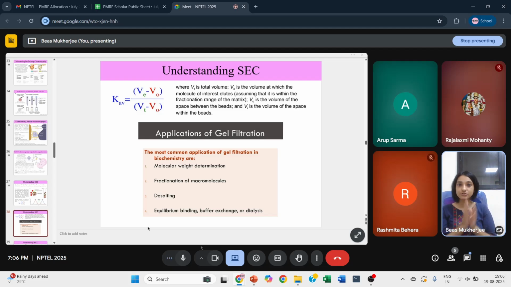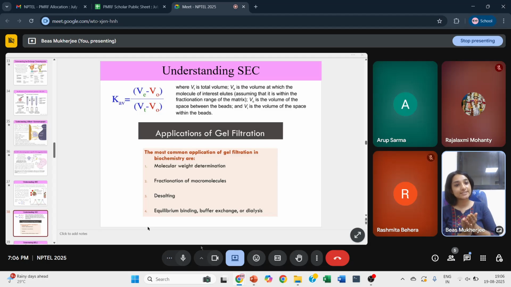This assumes it is within the fractionation range of the matrix. V0 is the volume of the space between the beads. For example, if these are the different beads, there will be space in between the beads. This is called the void volume. And Vi is the volume of the space within the beads, the internal volume.